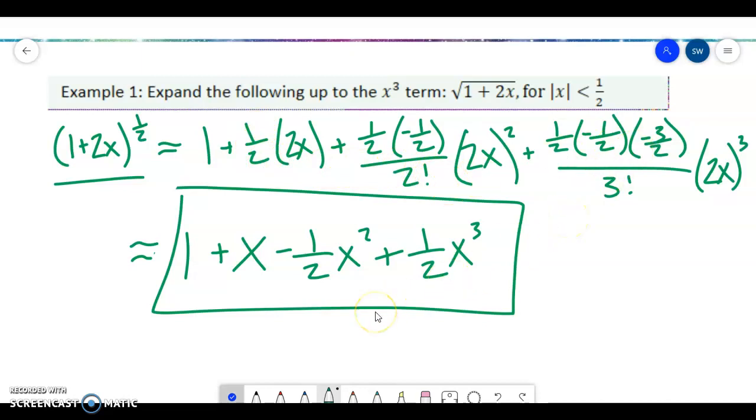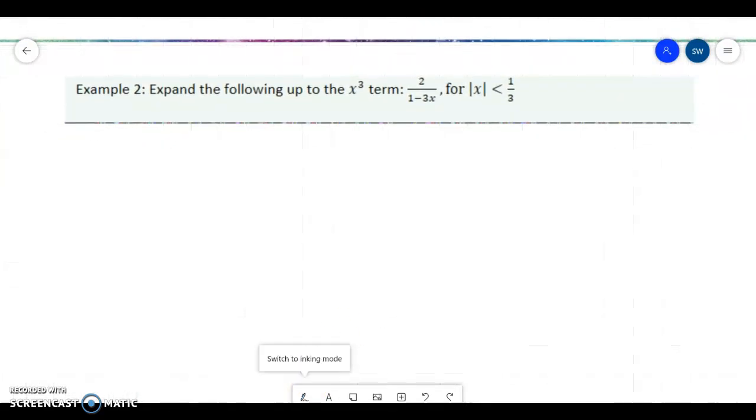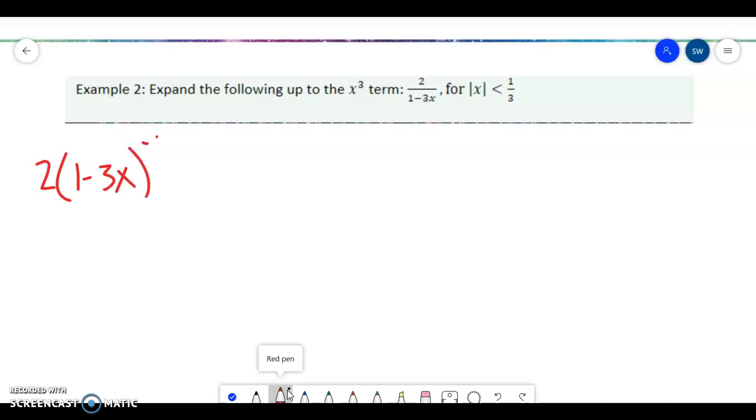So let's do another one. So on this one, I'm going to rewrite this as 2 times 1 minus 3x to the negative first.